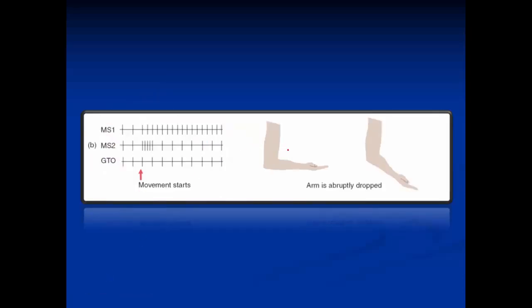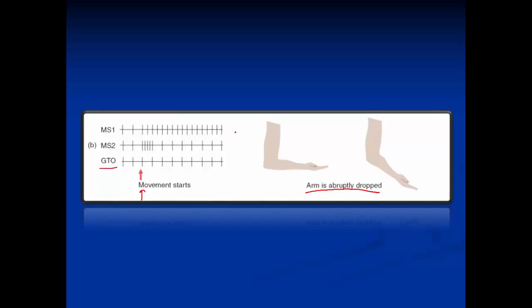Now let's compare that where the arm is abruptly dropped. Okay, so you're holding it still, and then suddenly you move down. As you do that, is there increasing tension on the tendon? If the muscle's relaxing and my arm goes down, obviously there's none, right? Okay, so the tension on the tendon stays low, and that neuron that innervates the GTO doesn't respond.